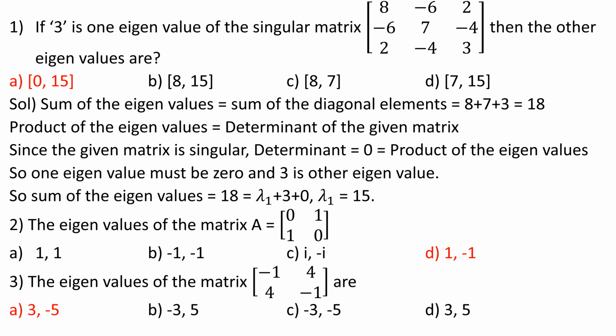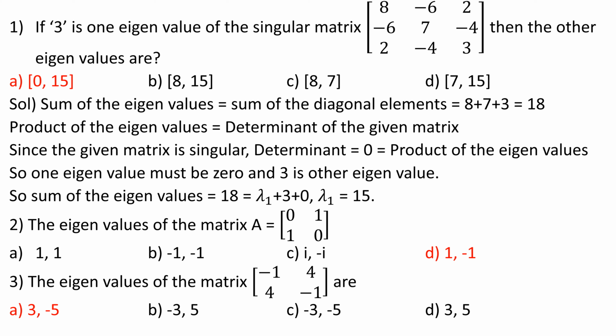Now look at question number 2. The eigenvalues of the matrix A equal to [0, 1; 1, 0]. Sum of the eigenvalues is equal to sum of the diagonal elements, so 0 plus 0 is equal to sum of the eigenvalues, so sum of the eigenvalues must be 0. In this case, we can check with options. 1 plus 1 is 2, so option A is not correct.